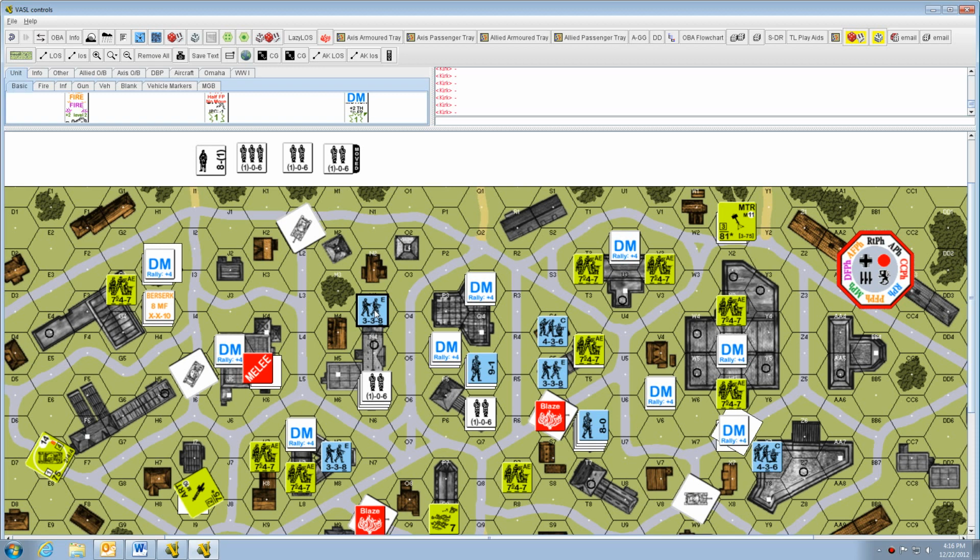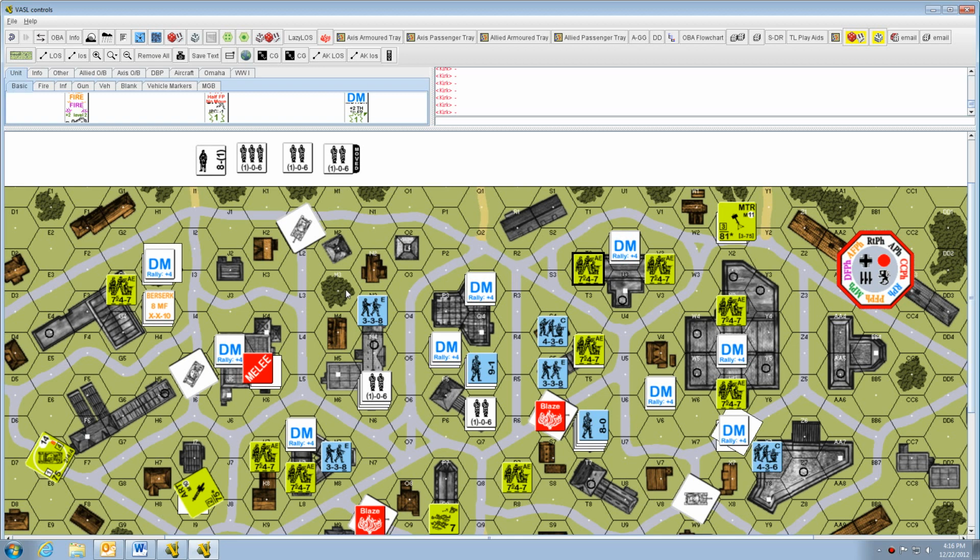A single man counter, which is 1 point. So a half squad could take up to 3 full squads and a single man counter, which would be 10 total points, 5 times its unit stacking size of 2. Any more than that, it could not accept. Full squad again could accept up to 15 points.